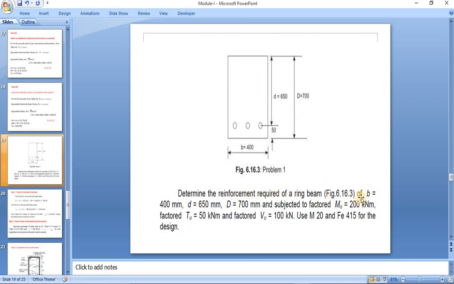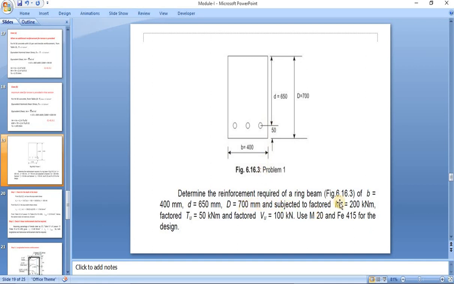It is a curved beam, that means there is some torsion which is induced. The breadth of the beam, small b, is equal to 400 mm, small d is equal to 650 mm, capital D is equal to 700 mm. Capital D is the total depth, small d is the effective depth.